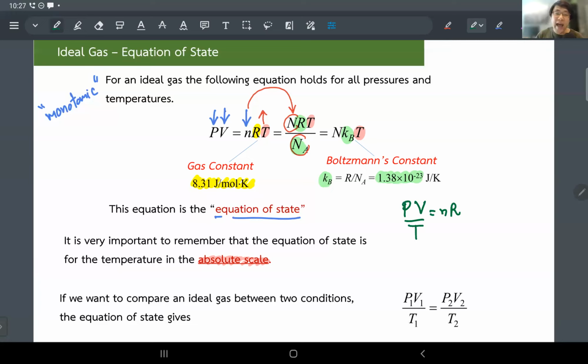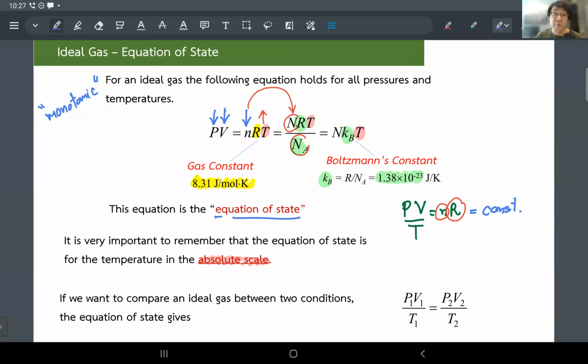You are not putting more gas into the tank or your container, so the amount of gas that you are dealing with is fixed. So n is fixed. You can talk about n or capital N, it doesn't matter, they are the same thing. And of course, R is constant. So the right side of this equation is a constant, and of course the left-hand side of this equation will stay fixed as well.